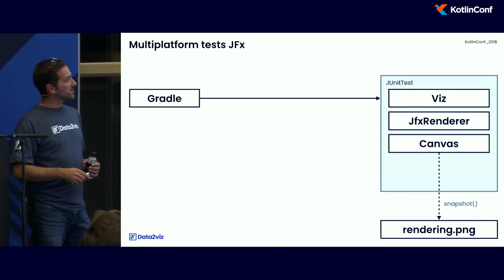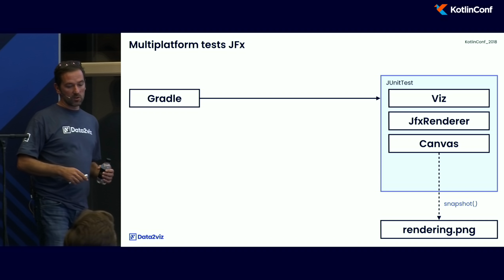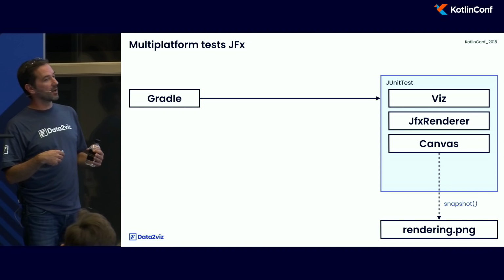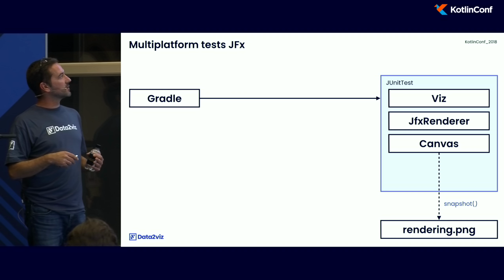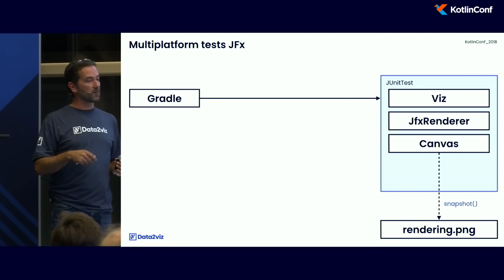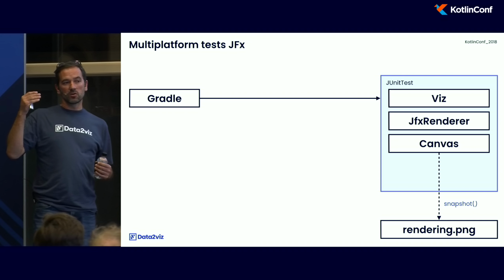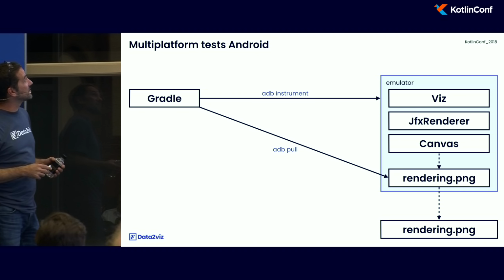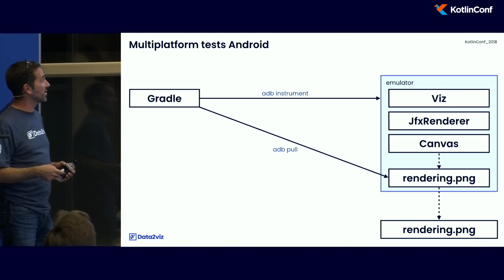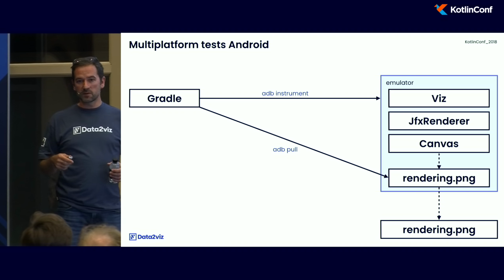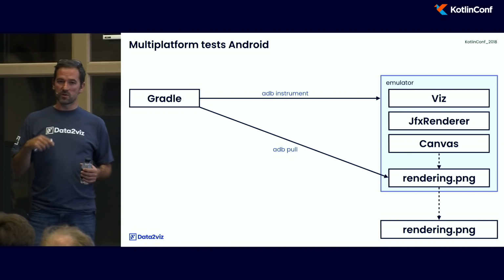On JavaFx, it was quite easy because we just had to run some tests inside JUnit, and the canvas of JavaFx has a snapshot function, and we just had to save the result in a file. On Android, it was, again, a little more complicated because when you want to do integration tests on Android, you have to use an emulator.